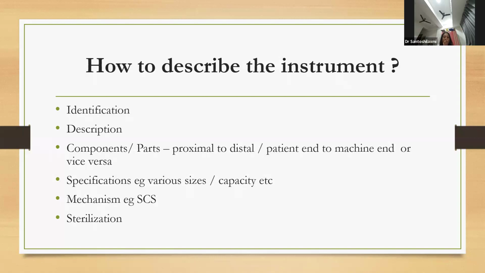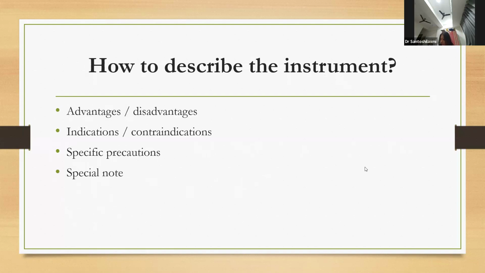Identify, describe components from one end to another, proximal to distal, distal to proximal, or patient end to machine end. Then specifications, if applicable, mechanism, if applicable, sterilization, either pre-sterilization or, if it is reusable, methods of sterilization.